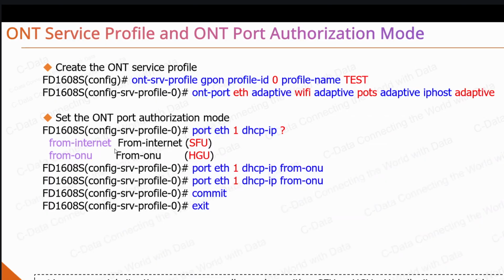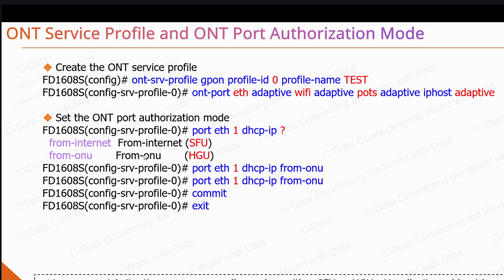So from internet, that means the PC gets the IP address from the internet. So that means the ONU is working in bridge mode. And the PC and the phone get the IP address from the ONU.